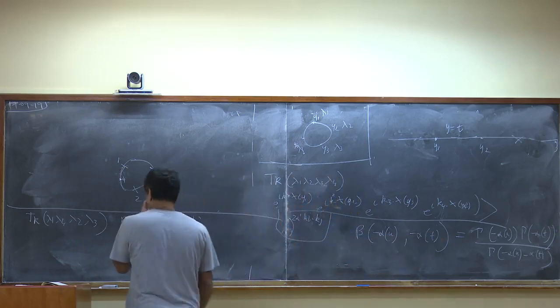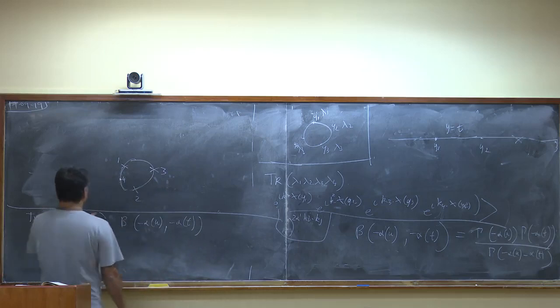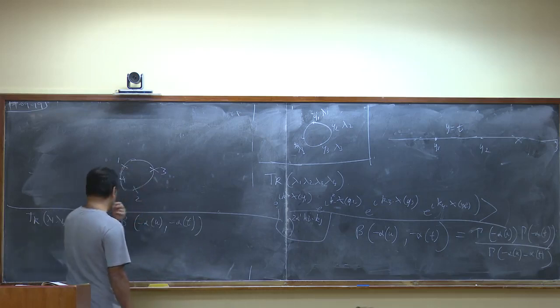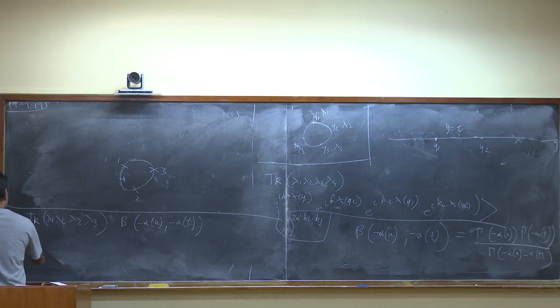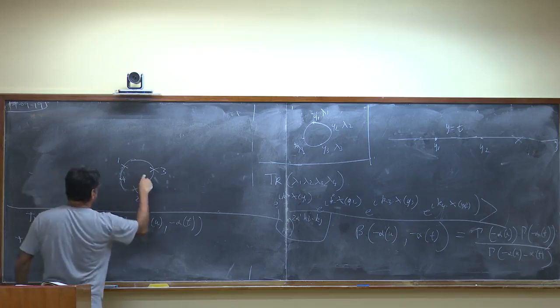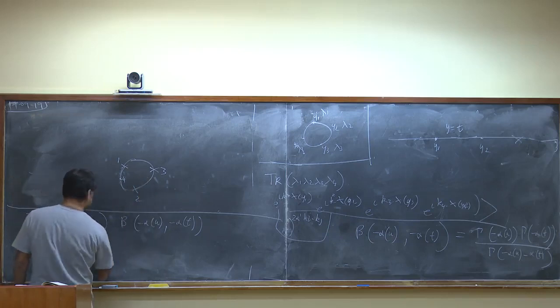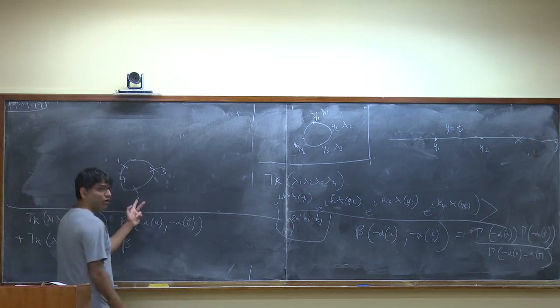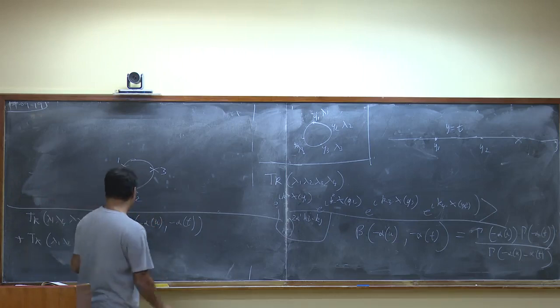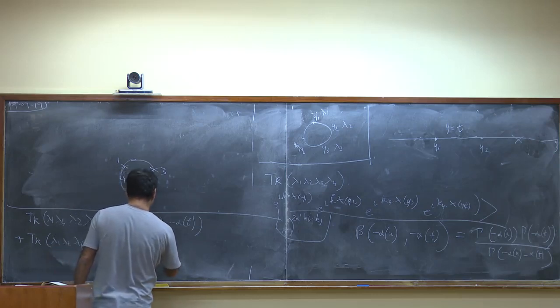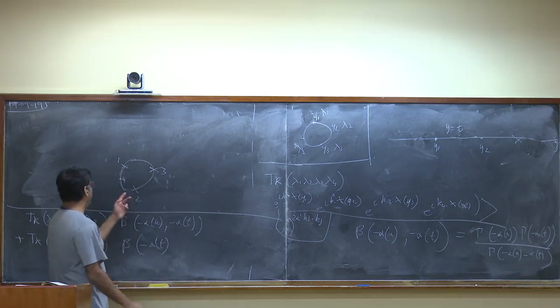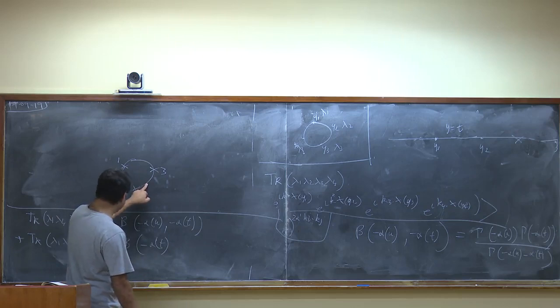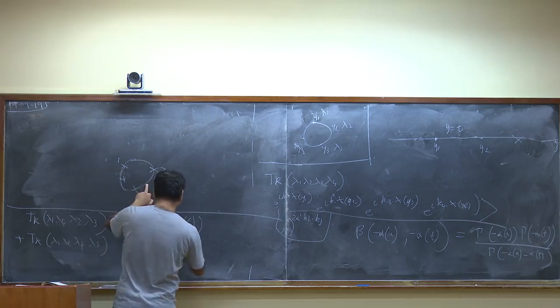Okay. Then when we put 4 between 2 and 3, we will get plus trace of lambda 1, lambda 2, lambda 4, lambda 3 times beta of now 2, 4, which is same as 1, 3, minus alpha t, and we will get 3, 4, which is 1, 2, which is minus alpha s.